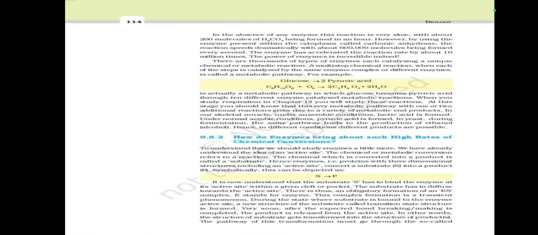The chemical or metabolic conversion refers to a reaction. The chemical which is converted into a product is called a substrate. Hence, enzymes are proteins whose three dimensional structures include the active site, and convert a substrate into a product.